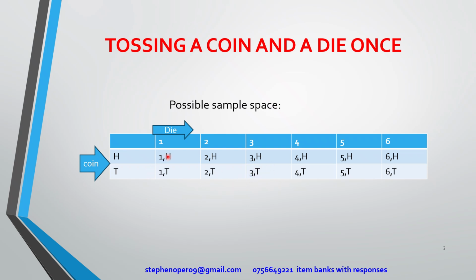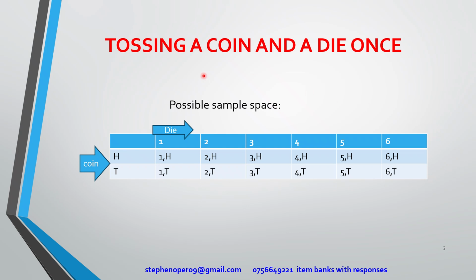I'm not meaning that you will toss 12 times to get this, but all these are possible outcomes. What is very possible to take place, because there is no determinant that it is always 1 and a tail, neither a 3 and a tail, nor a 5 and a what? A head. Since there is no formula for displaying, we look at all possible outcomes that are likely to occur.